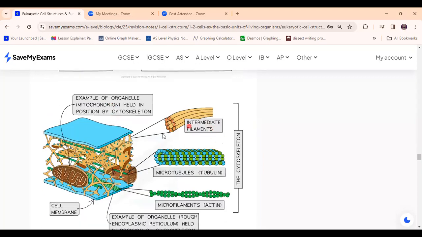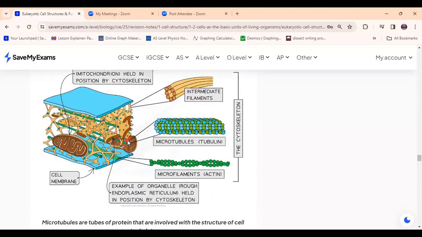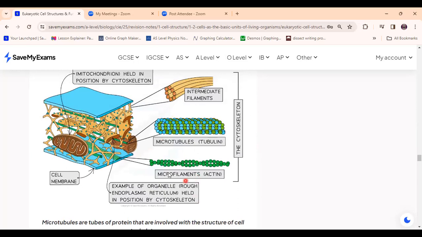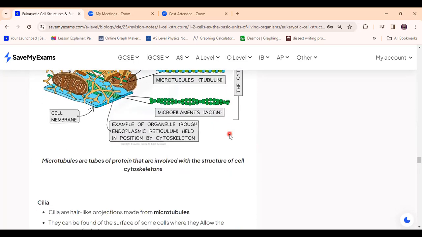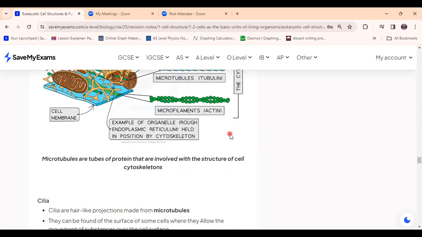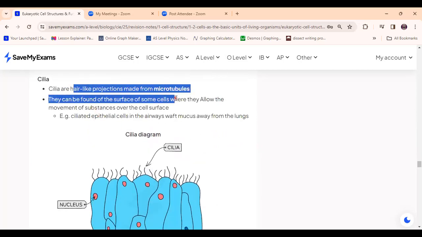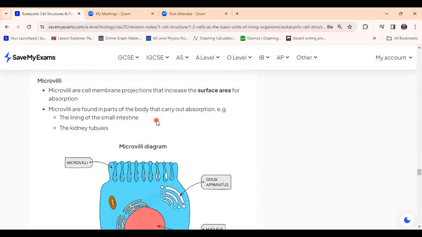By the way, we've also got intermediate filaments and actin filaments, which also form part of the cytoskeleton. But intermediate filaments and microfilaments are not really within the scope of our syllabus.